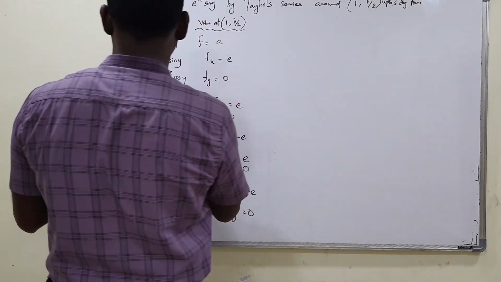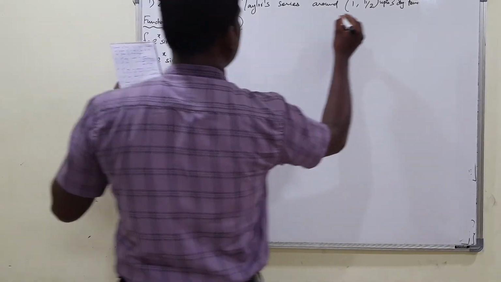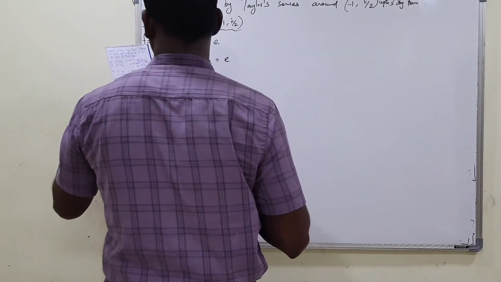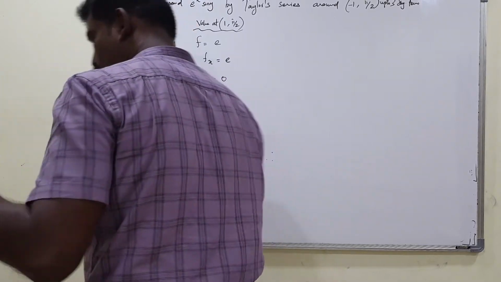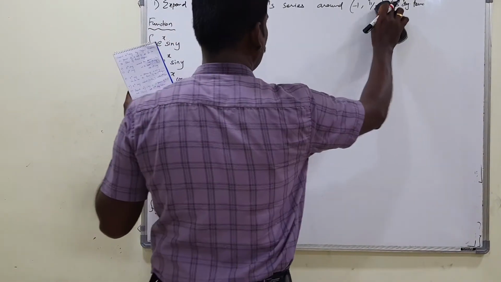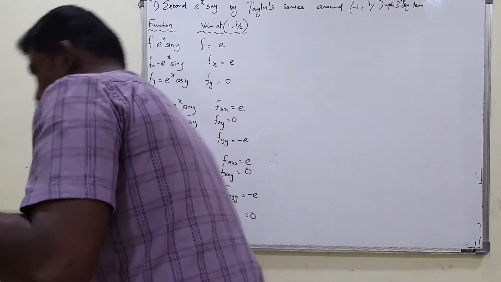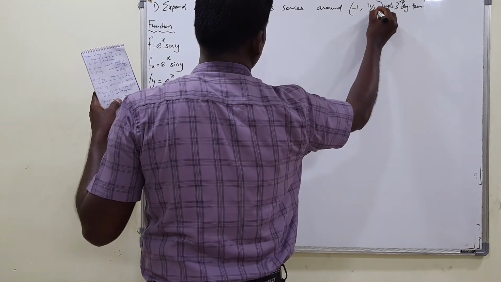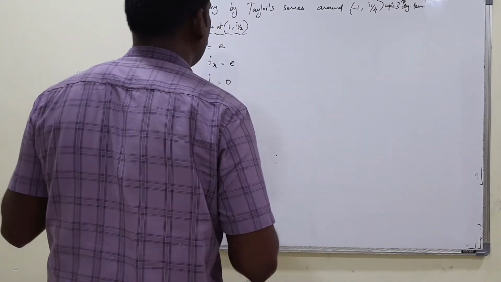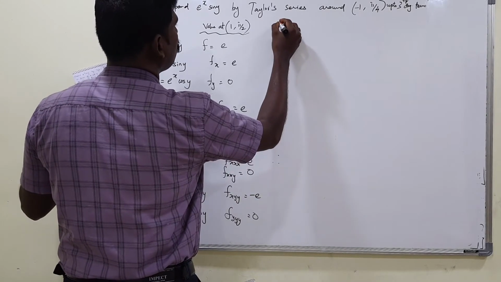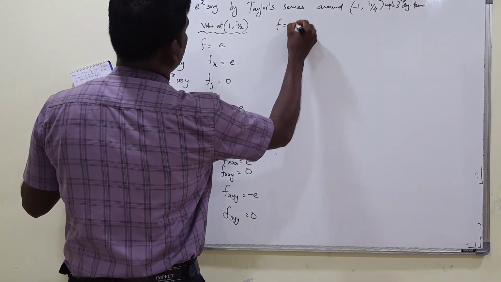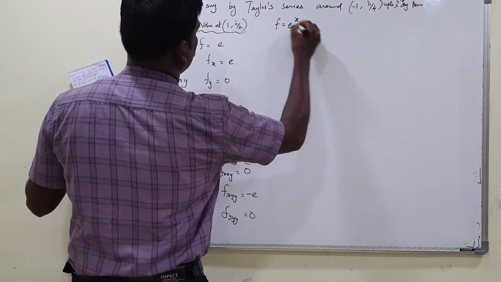The same e power x sin y at the point minus 1 comma pi by 4. Okay. So what is f? f is e power x sin y, isn't it? Right?